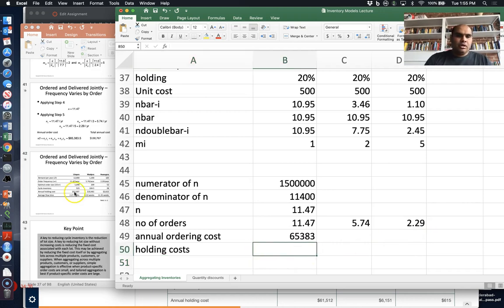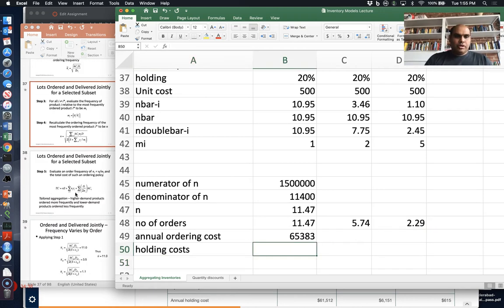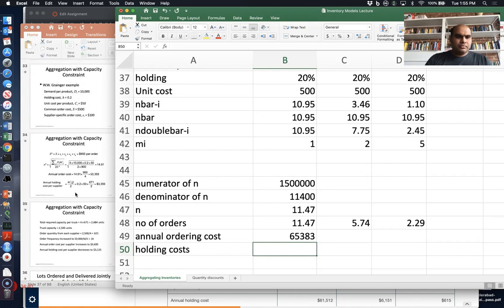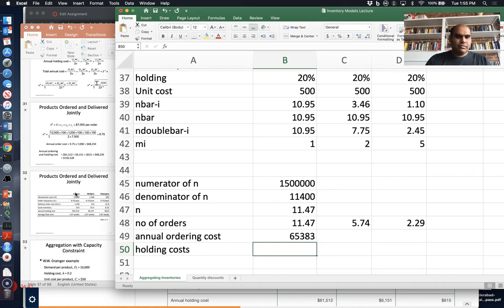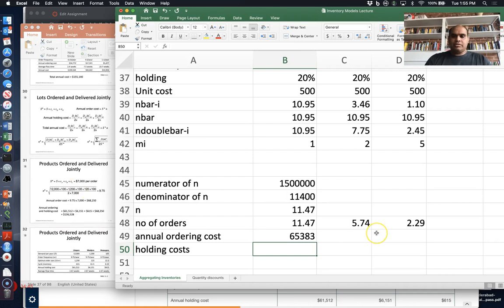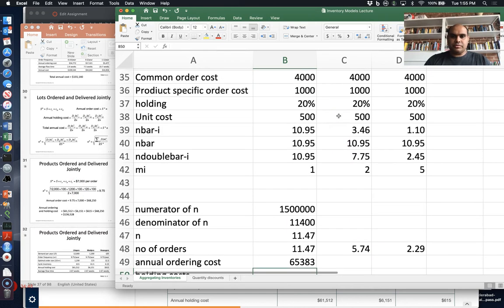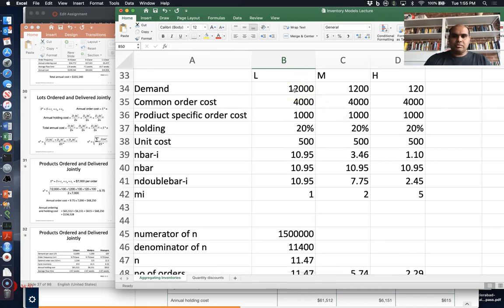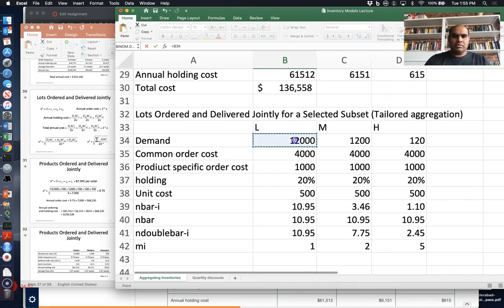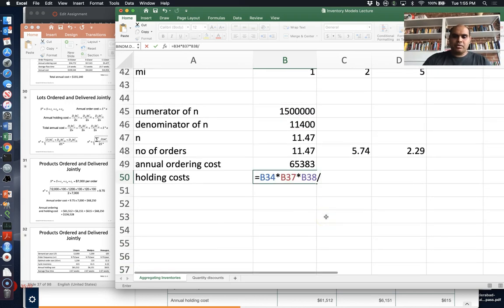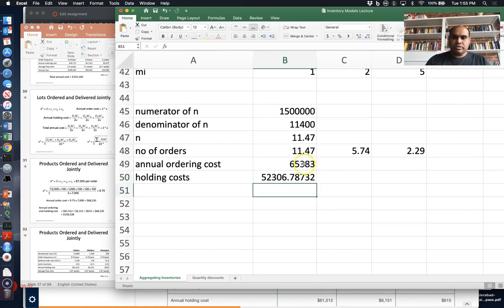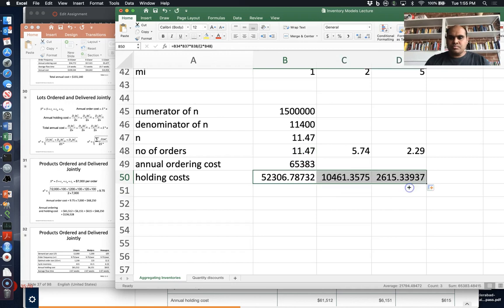So the holding cost, if you remember, the formula for the holding cost was D times H times C, divided by 2 times the number of orders, right?